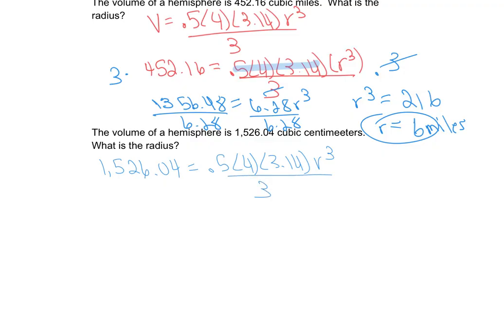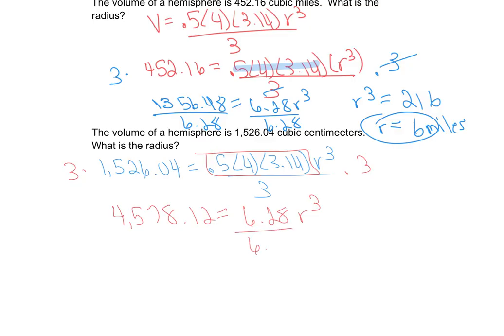We're going to multiply both sides by 3, and we are going to multiply our coefficients together. 1526.04 times 3 is 4,578.12. 0.5 times 4 times 3.14 is 6.28 r to the third.